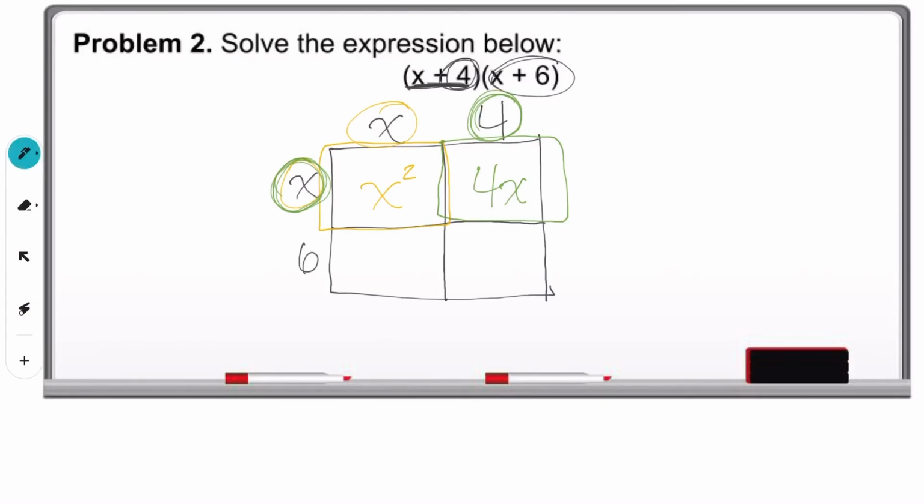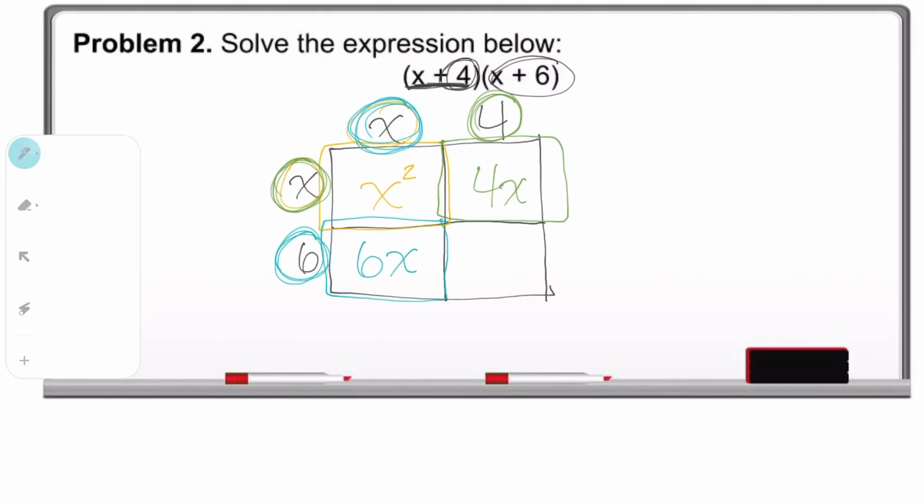Then I'm on this bottom left box right here. I see I have a positive X up here, and then I see I have a 6 to the left. 6 times X gives me positive 6X. And last but not least, this last box right here, we fill it in with the product of 4 and 6 because it is the numbers outside of this box directly. 6 times 4 gives me 24.